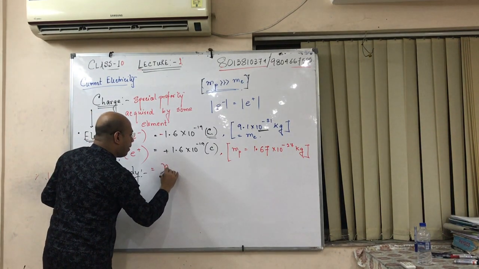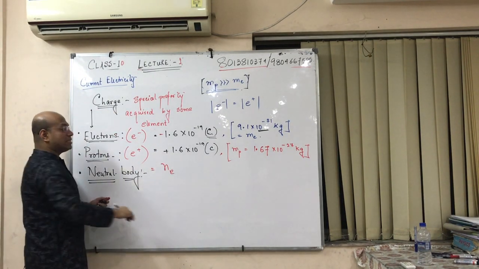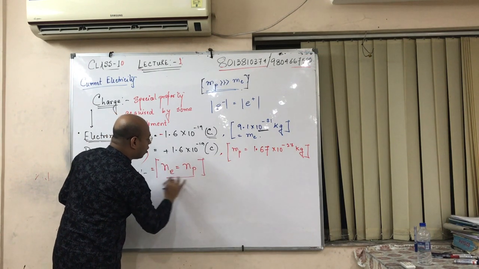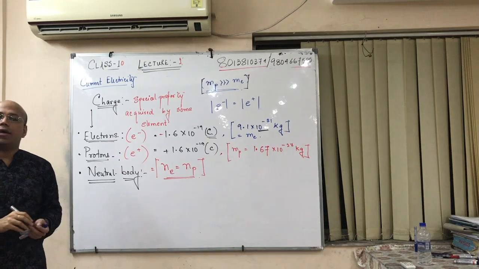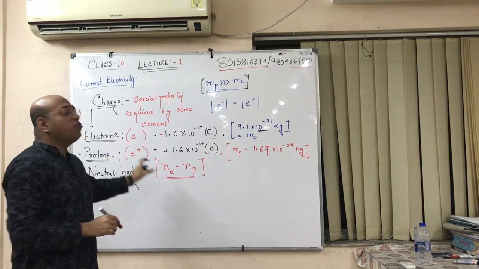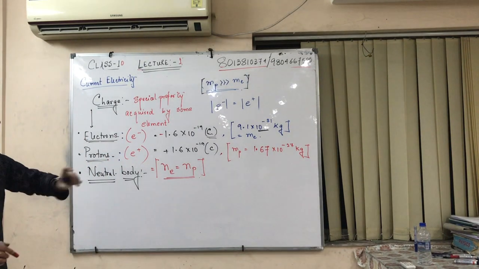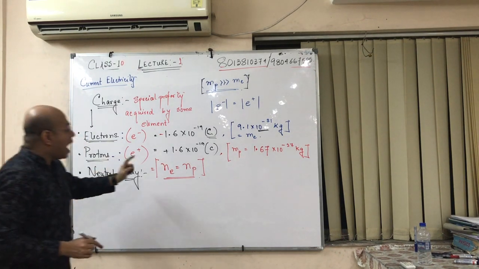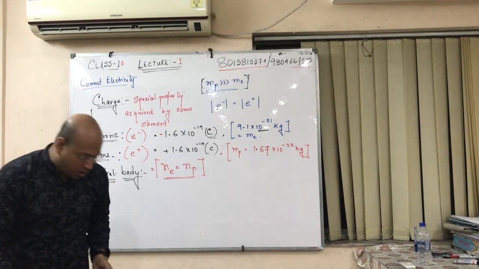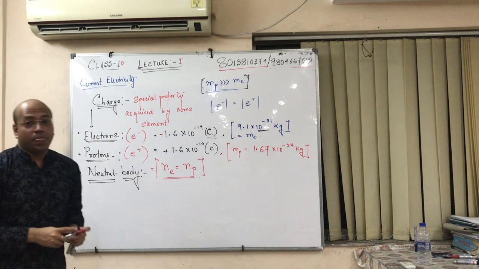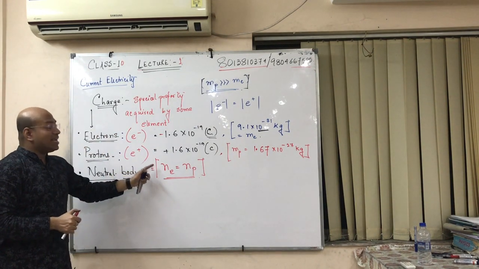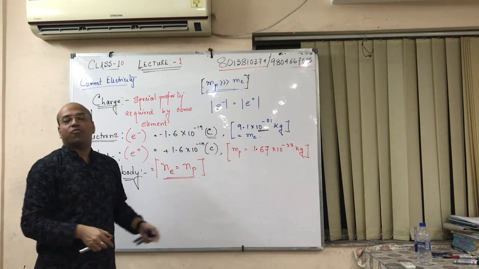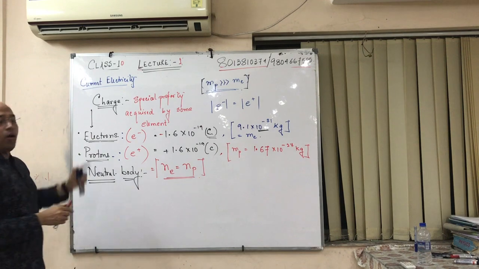Simply, the number of electrons inside the body is equal to the total number of protons in the body. You should keep in mind, it is the number, not the charge. The number of electrons and the number of protons are equal inside a neutral body.